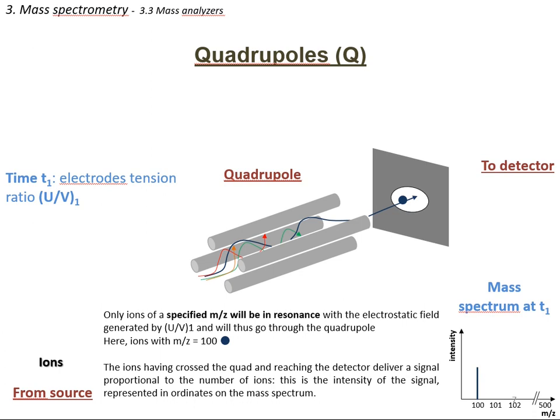The intensity of the signal is proportional to the quantity of these ions that reach the detector. Here I only figure one, but of course you have packs of ions. Don't forget that here I tried to decompose a mechanism that is continuous. The ions from the source are coming continuously. And here we're talking about very, very short intervals of time.